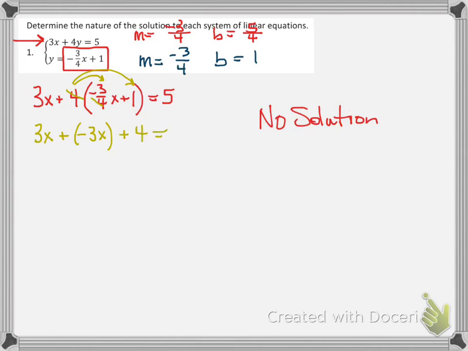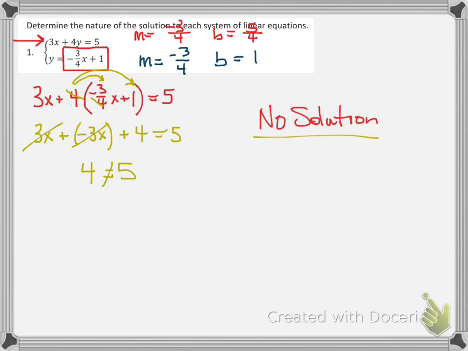And that's equal to 5. And then when I simplify further, I get a positive 3x and a negative 3x. Well, they cancel each other out. So I get this solution, 4 equals 5. And obviously, 4 does not equal 5, so that means no solution.